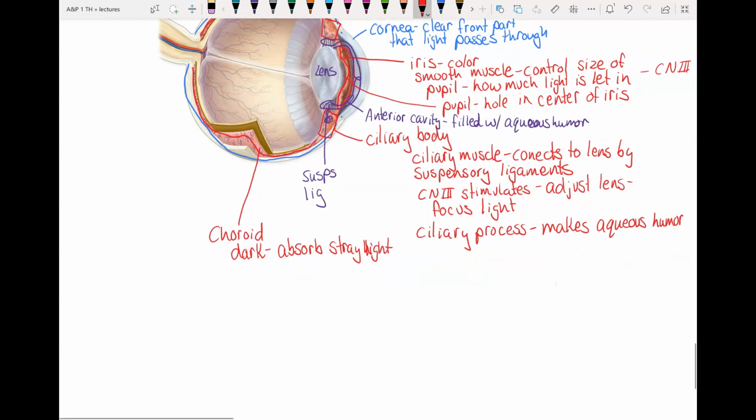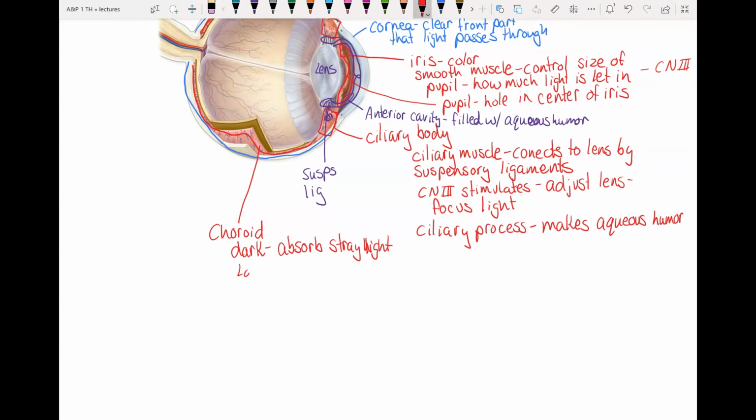And you can see it has a lot of blood vessels. So the neighboring tissues are avascular. So it's responsible for nourishing itself and its neighbors. So all the blood vessels you see here in the back of the eye, those are all in that choroid.